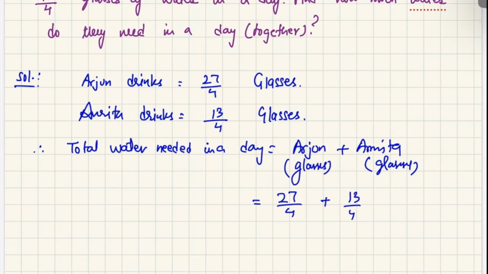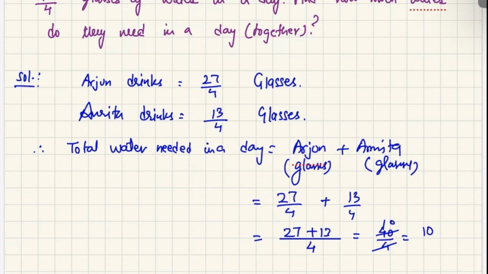Now we can see the denominator is the same. That means these are two like fractions. So we have to do it: the denominator should be the same, 4, and add the numerators, that is 27 and 13. So this becomes 40/4. And you know, 4 times 1, 0, 40. So the answer is 10.